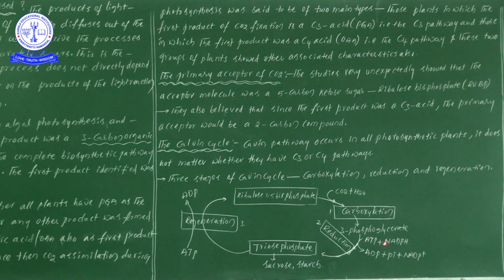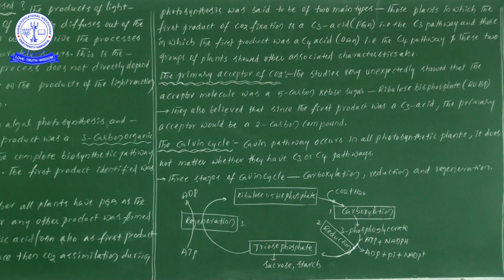Again from the 3-phosphoglycerate, triose phosphate is formed, and from this triose phosphate, sucrose or starch molecules are formed. From the triose phosphate, sucrose or starch formation takes place.